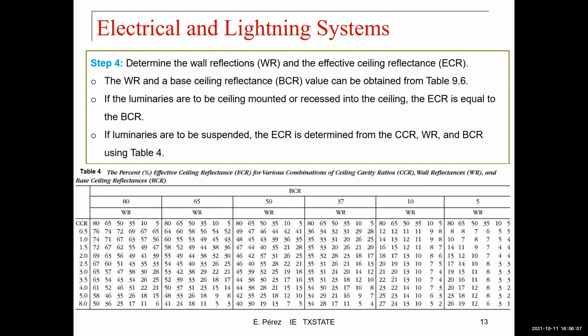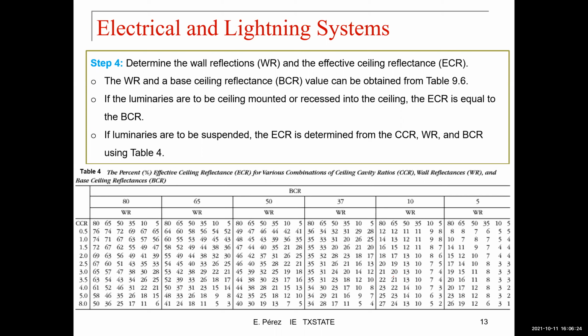So using those ratios, we can compute the percentage effective ceiling reflectance, or ECR, for various combinations of these ceiling cavity ratios, wall reflectance, and base ceiling reflectance.